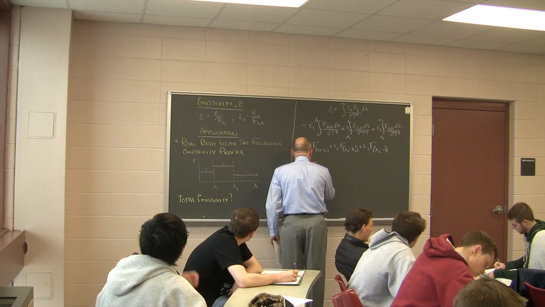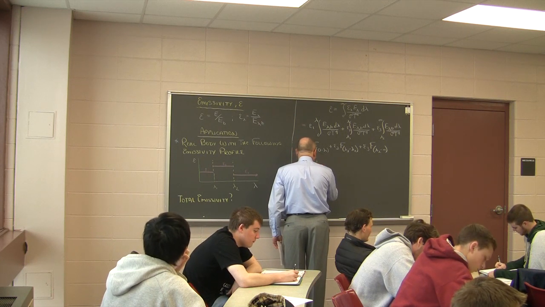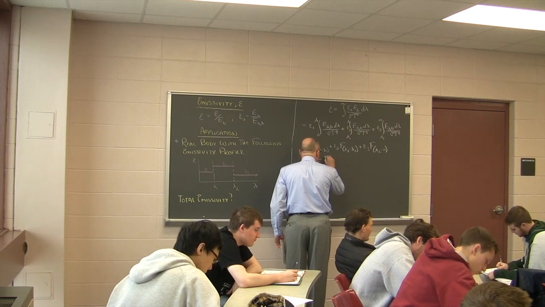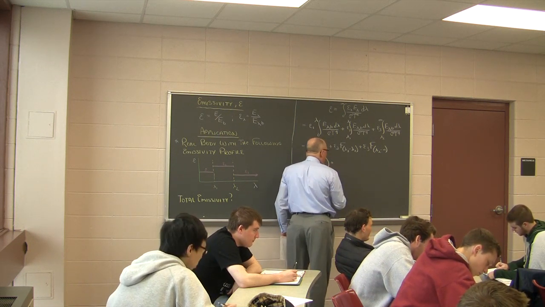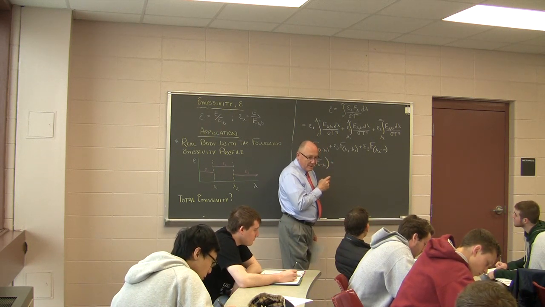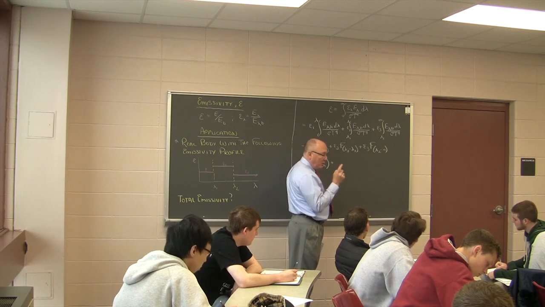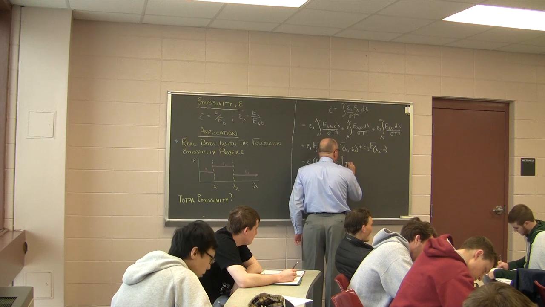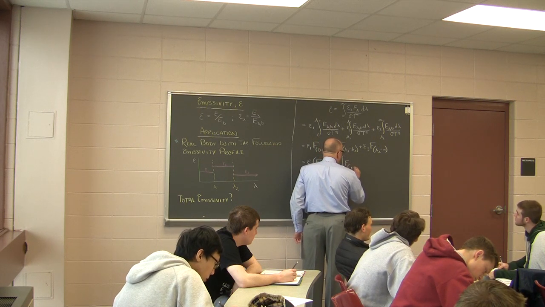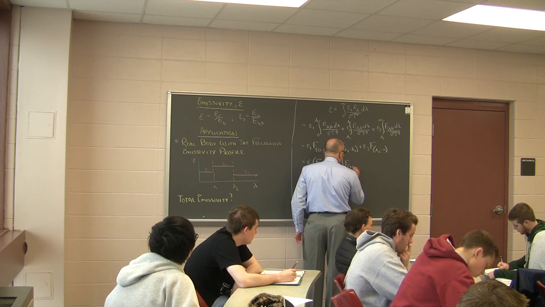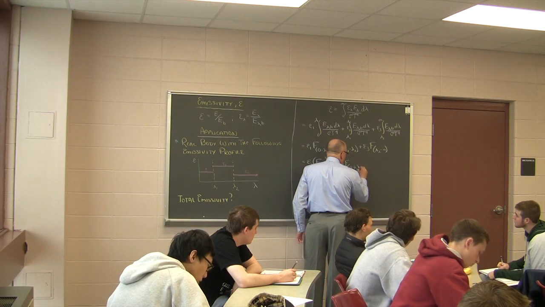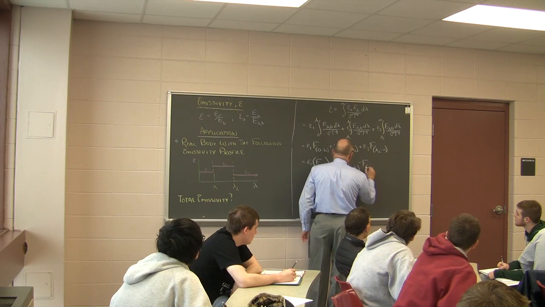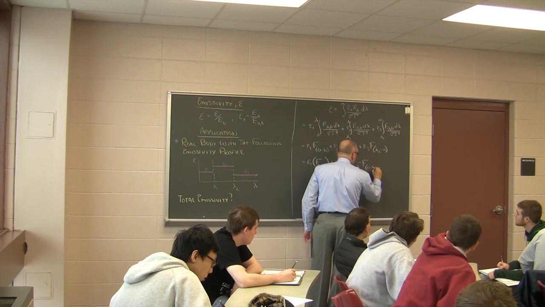This will be equal to epsilon 1 times F from 0 to lambda 1, which is a lookup, plus, how do we deal with this one? Lookup. Yeah, well, epsilon 2 times F from 0 to lambda 2 minus F from 0 to lambda 1.